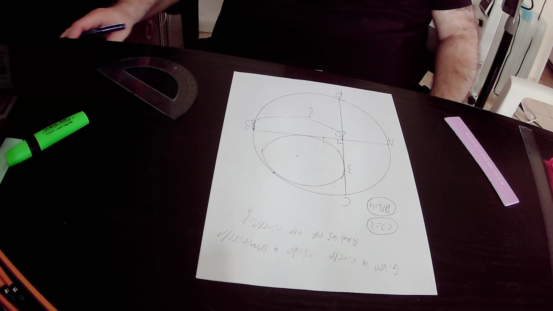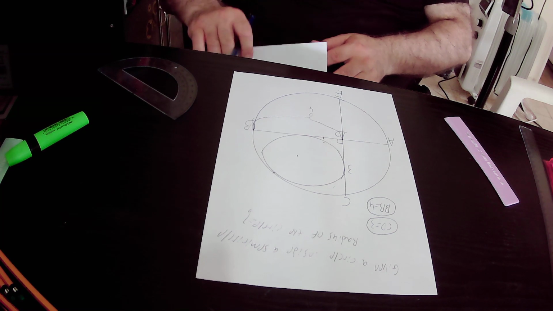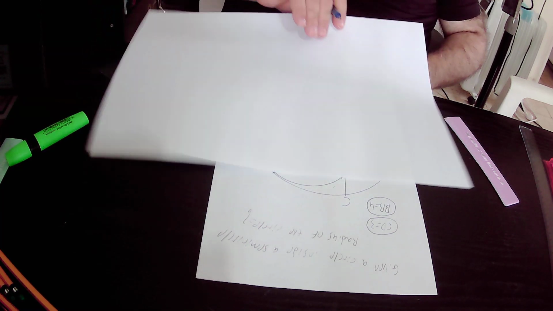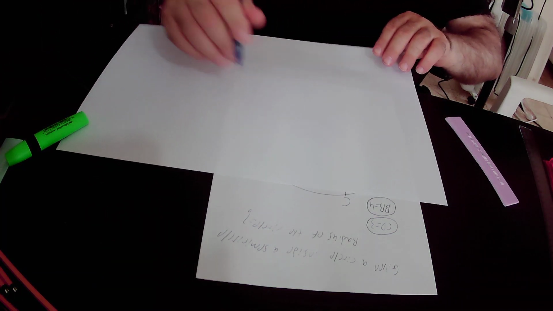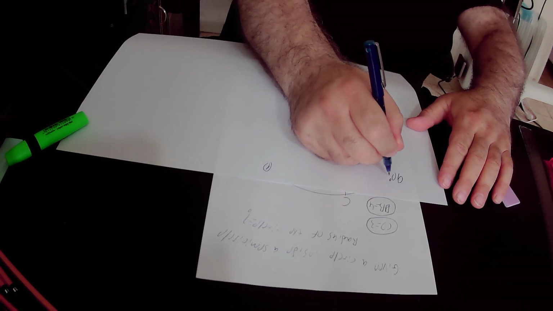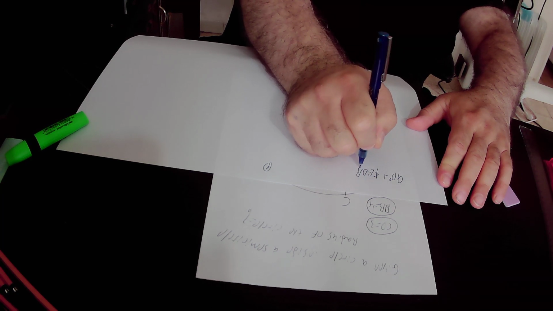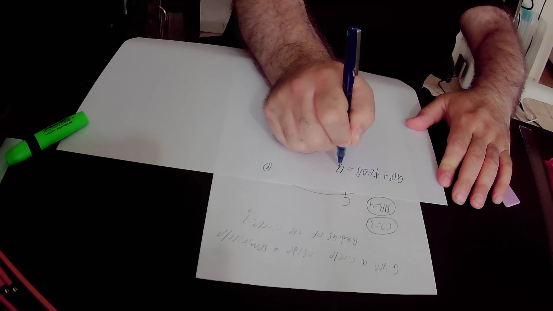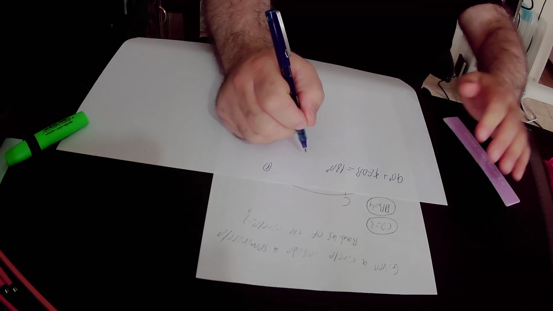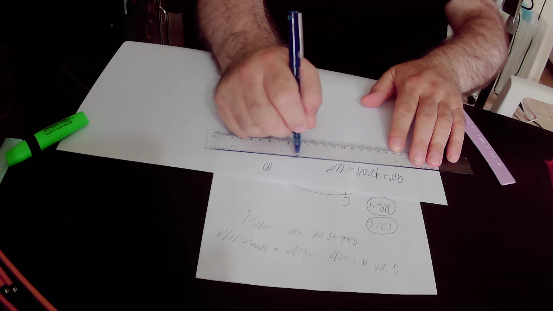So I'll write it down. 90 degrees plus the size of angle EDB, in total, must be equal to 180 degrees according to the rule that the sum of the angles on one side of a straight line is equal to 180 degrees.